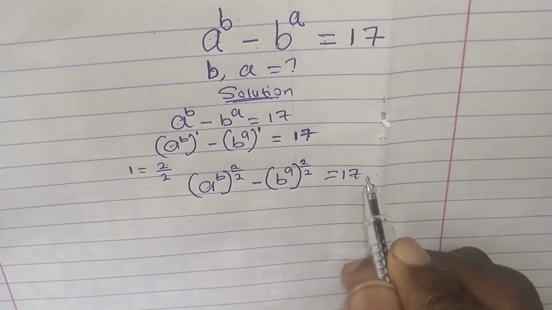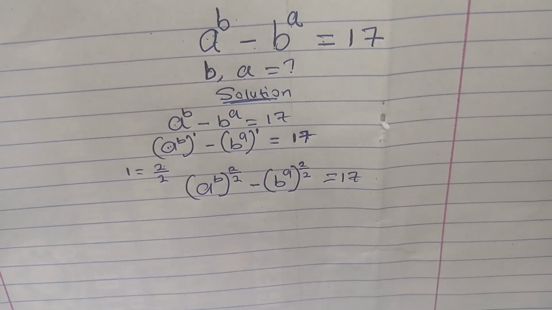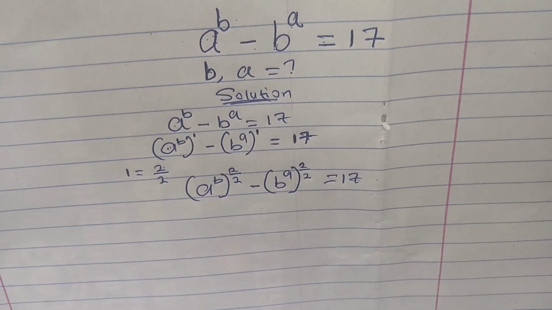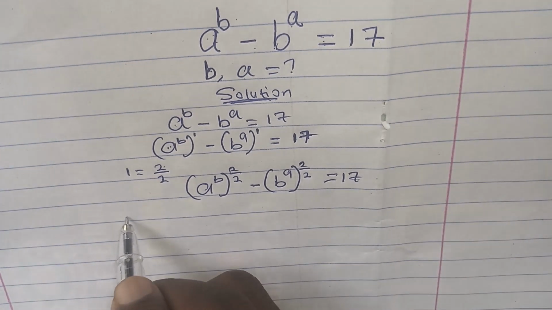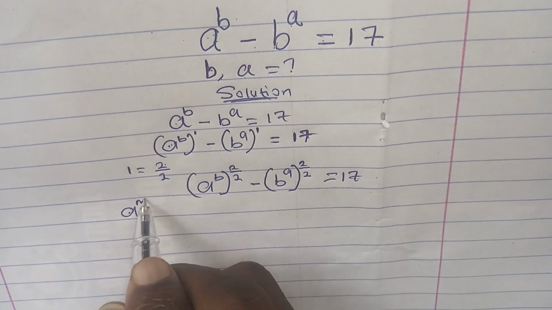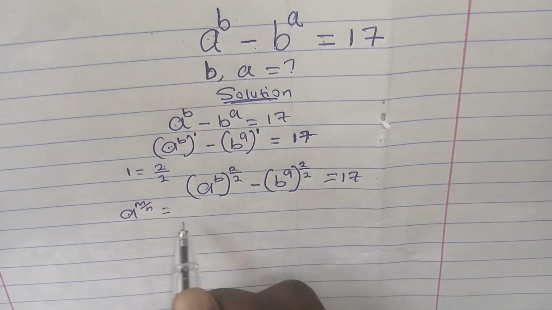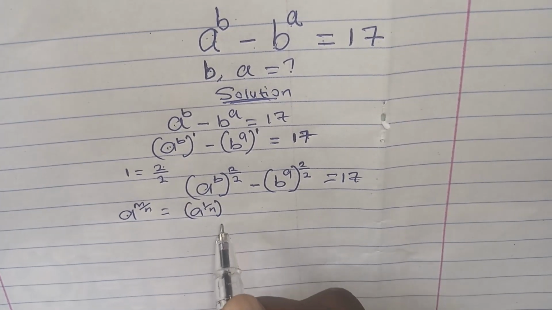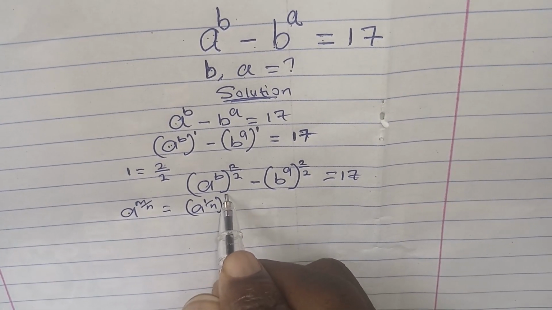Okay, having done this, recall from a principle of indices which says if you are having a to the power of m over n, it is also equal to (a to the power of 1 over n)^m.